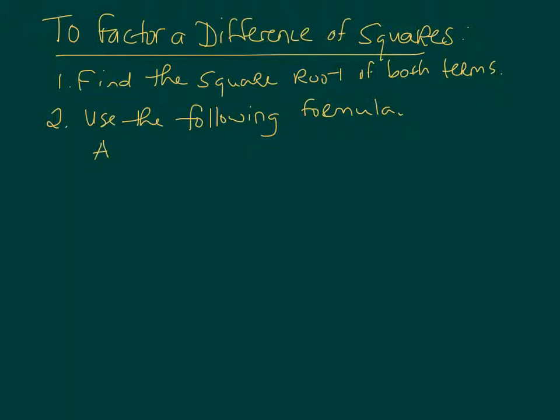If I have a squared minus b squared, then that's going to factor into a plus b times a minus b. So what this means for us is that if we have a difference of squares, we're going to find the square root of each term. What do we have to square to get each term? After that, we're going to take those two things, put a plus between them and a minus between them. So let's go back to y squared minus 4.